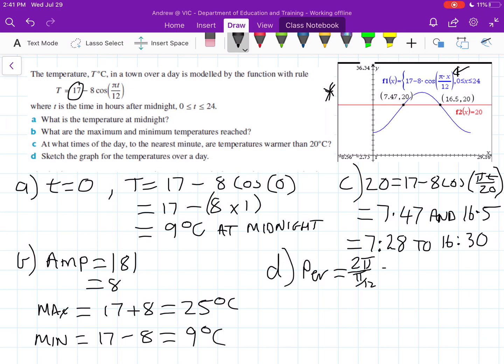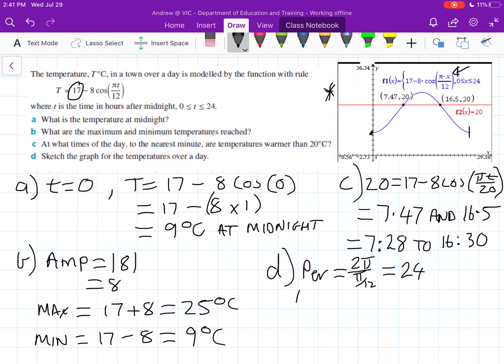So our period's actually going to equal 24. You can see this in the graph there: it starts here and finishes at the same spot in one period.